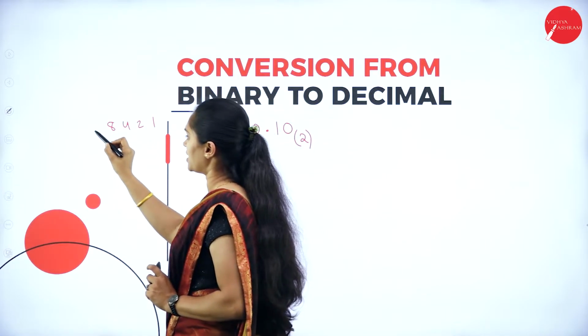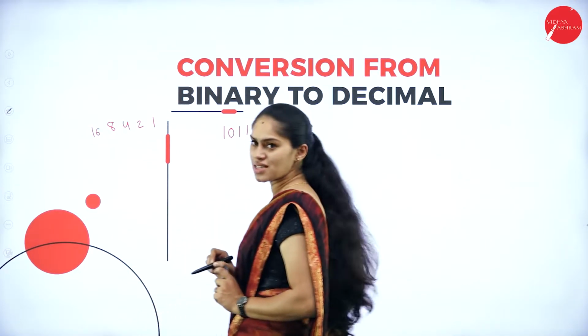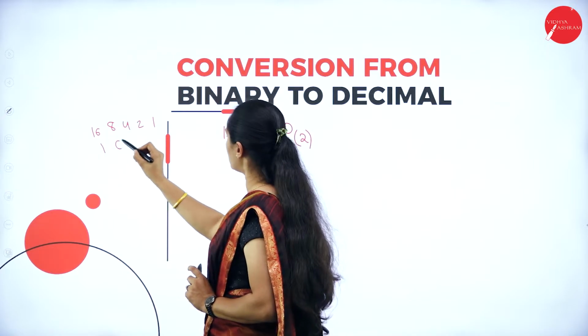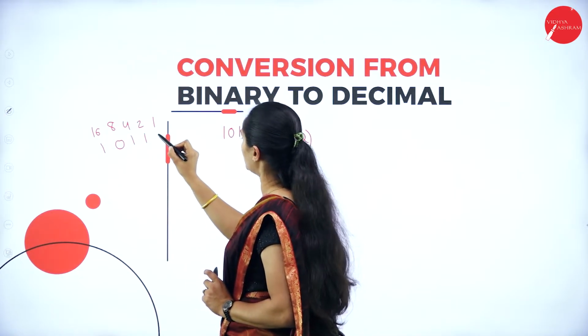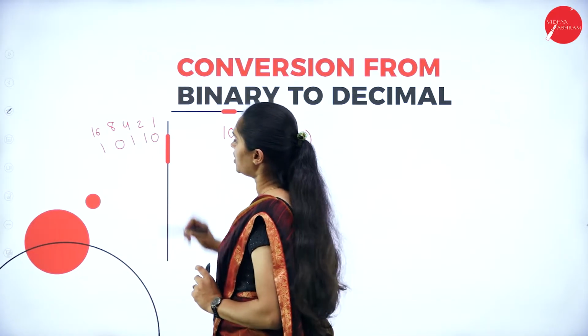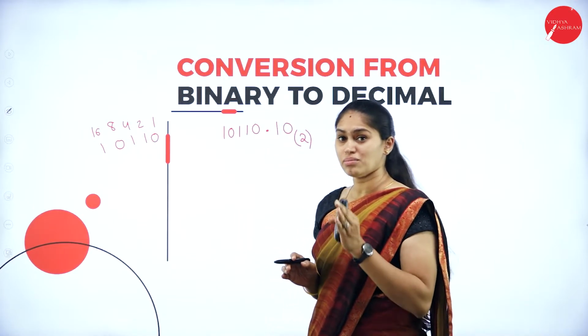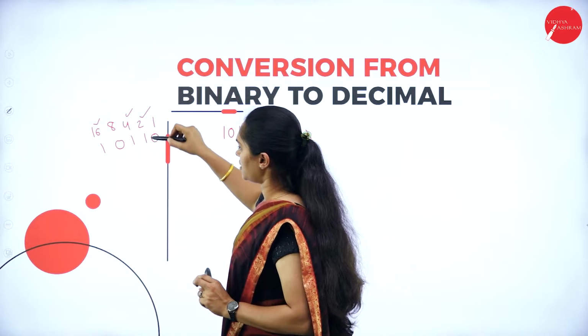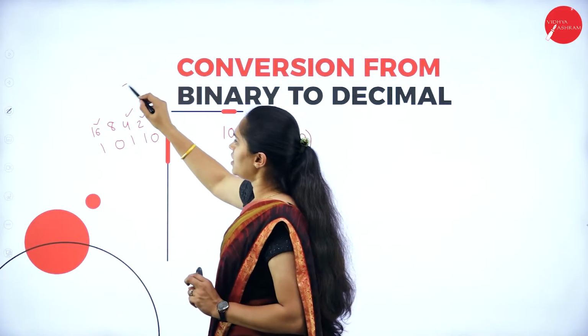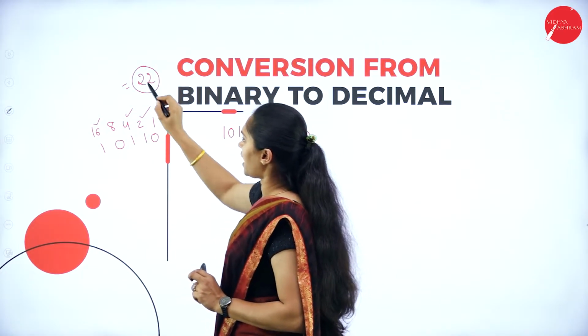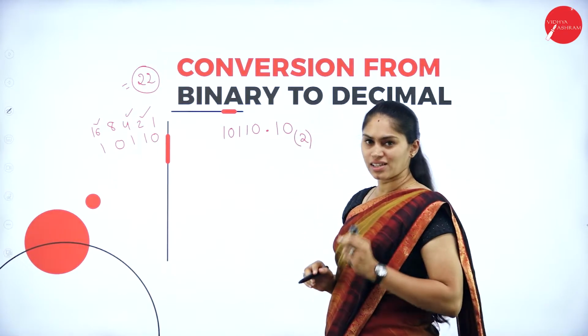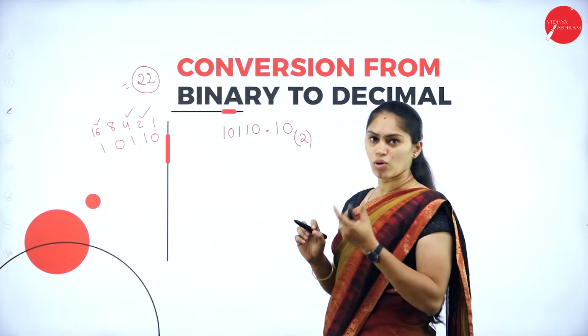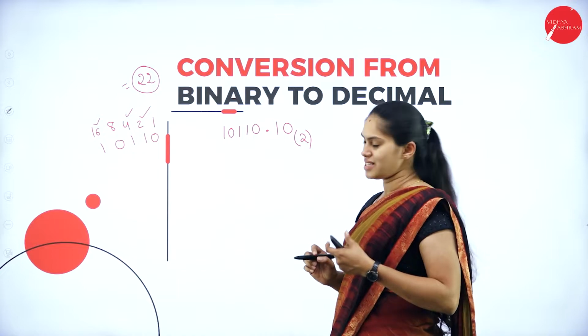So what if I multiply it by 2? Then it will become 16. Let me write 1 0 1 1 then 0. So now wherever we have 1, I should add that number: 16 plus 4 is 20, 20 plus 2 is 22. So, let me see, this is my answer. Am I going to get 22 for this whole part or integral part? We'll see at the end.